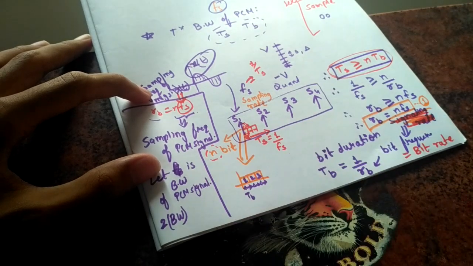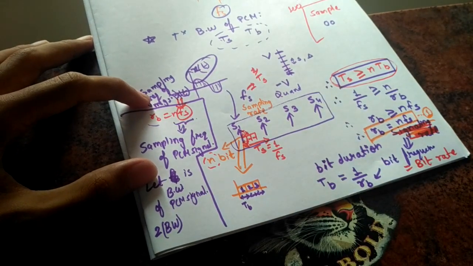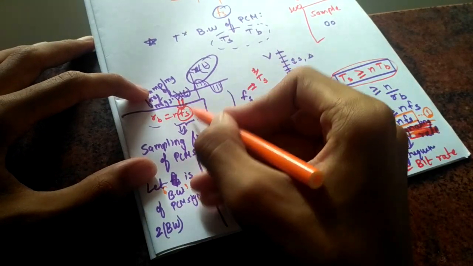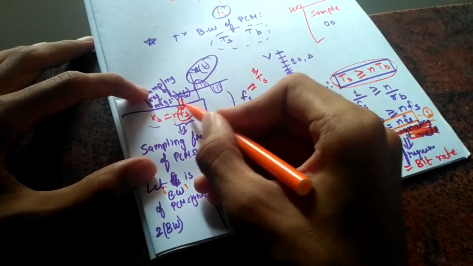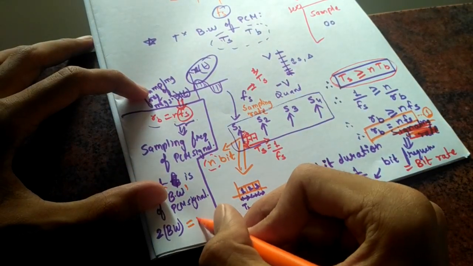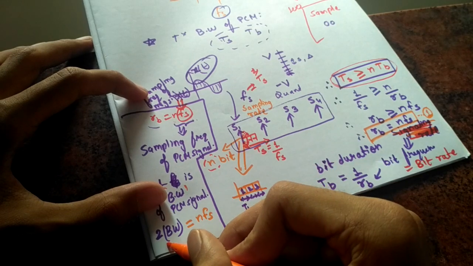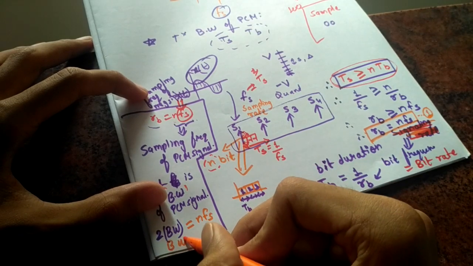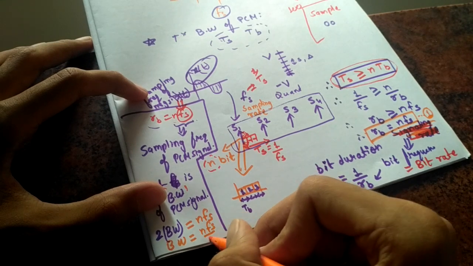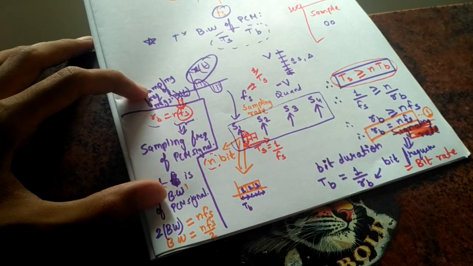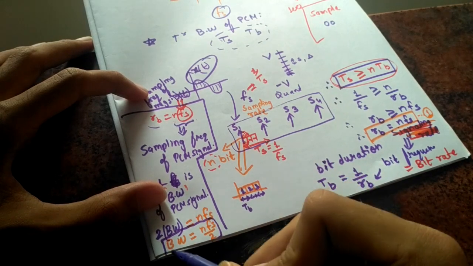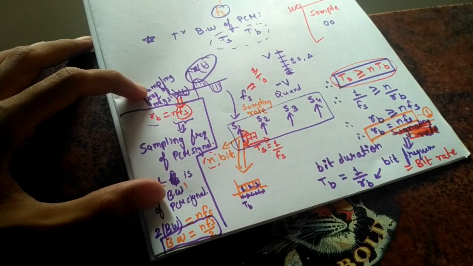So this is nothing but the sampling frequency of the PCM signal, and we know the sampling frequency of the PCM signal is n times Fs. So the bandwidth is nothing but nFs by 2, and it is found in many books. Directly it is written that the bandwidth of the PCM signal is nFs by 2, right?